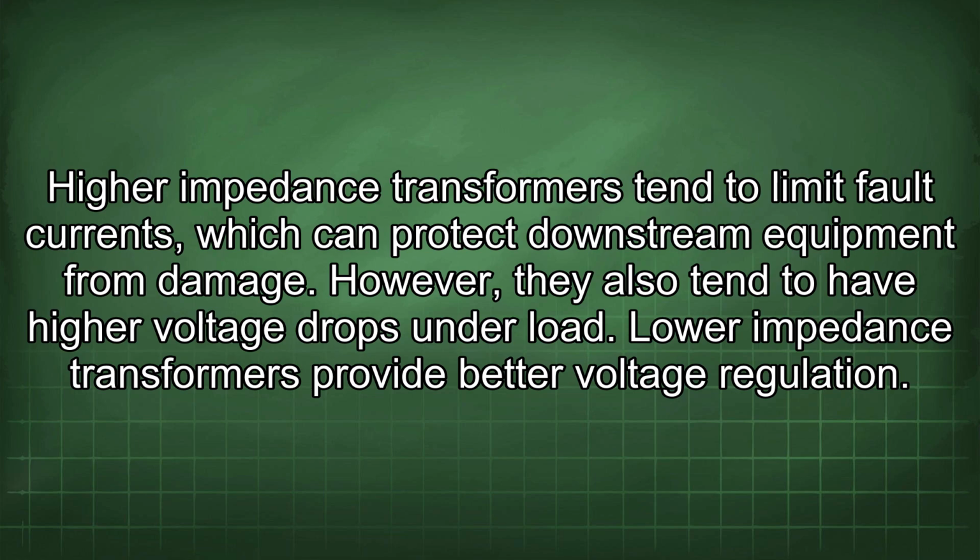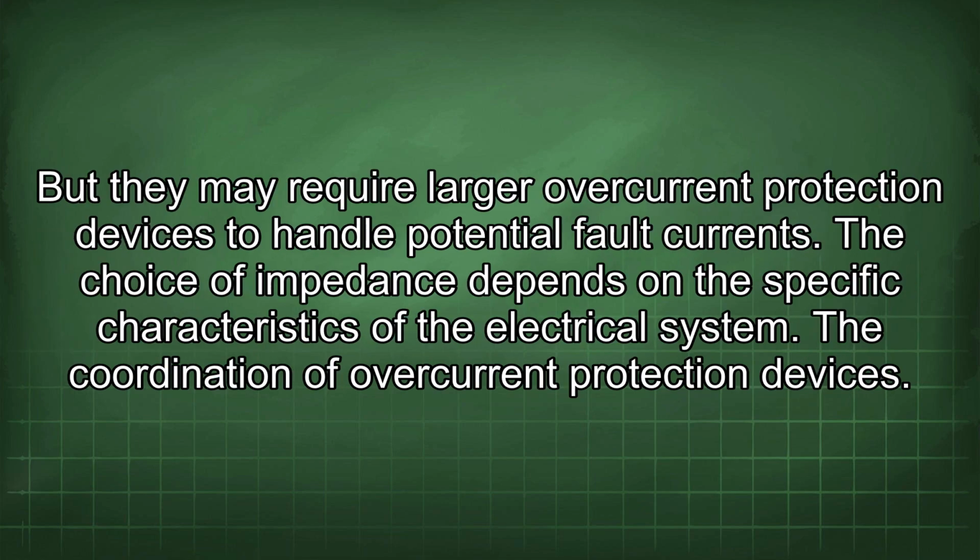However, they also tend to have higher voltage drops under load. Lower impedance transformers provide better voltage regulation, but they may require larger overcurrent protection devices to handle potential fault currents. Choice of impedance depends on the specific characteristics of the electrical system, the coordination of overcurrent protection devices.